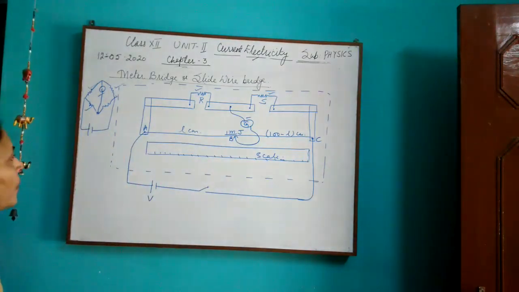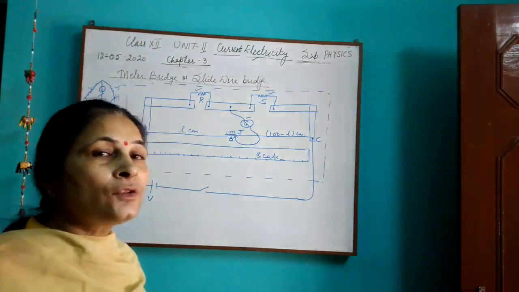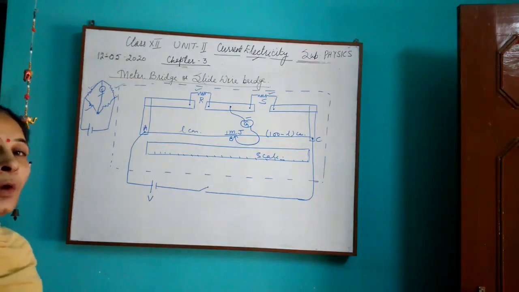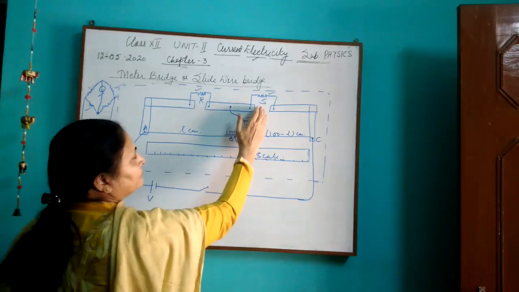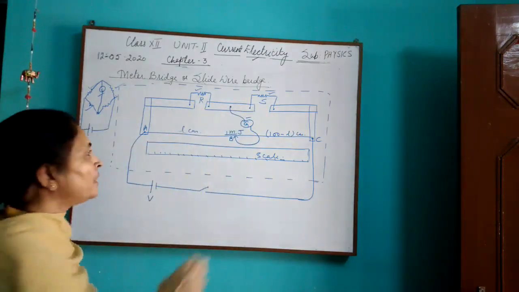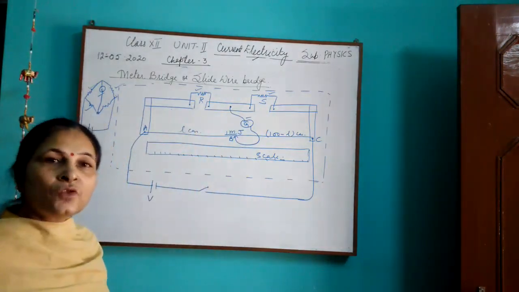Alright. Now what is the balanced condition? Because only in the balanced condition will the ratio of arms be equal. So what we are going to do is, see, this is an unknown arm. This is a known arm. So this cannot be changed, but this can be changed.